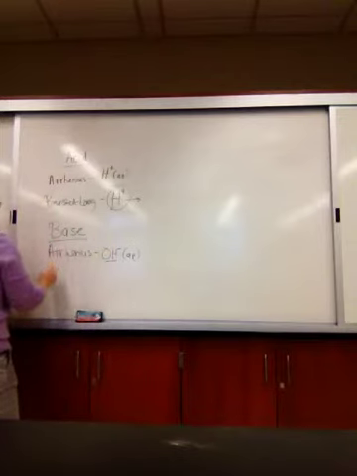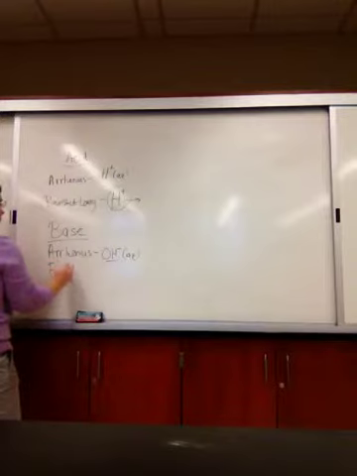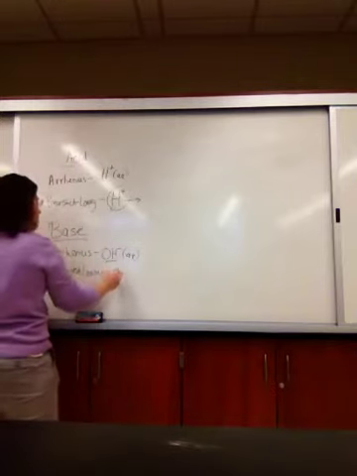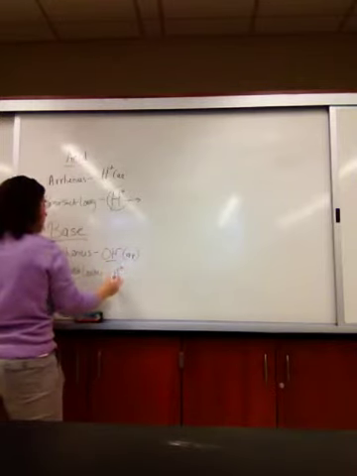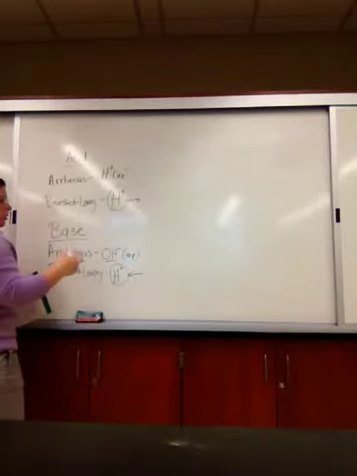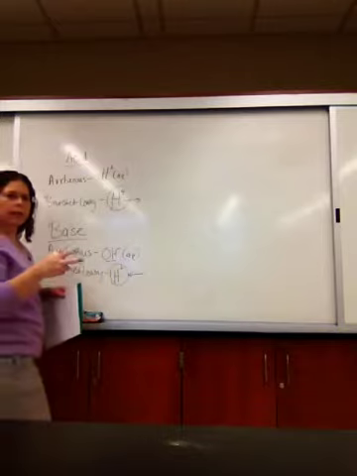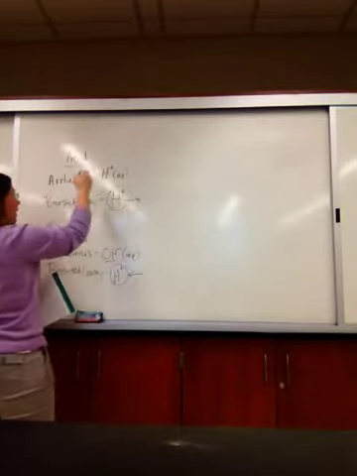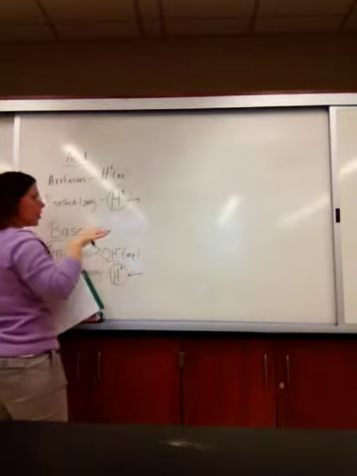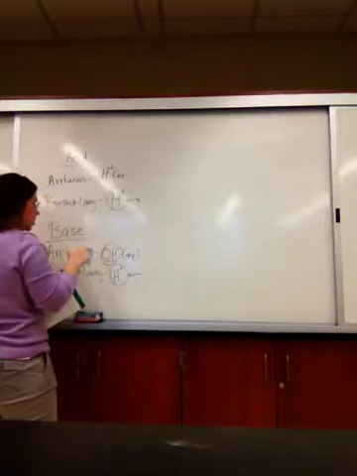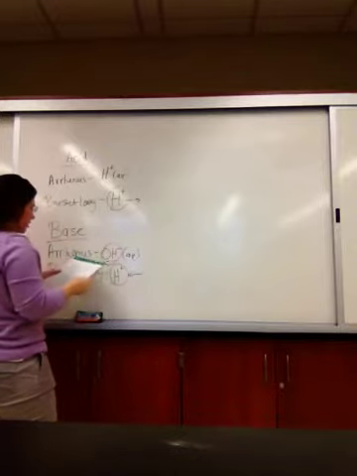Arrhenius defines it as that. Bronsted-Lowry defines it as a proton acceptor. So it's two different definitions, but it means essentially the same thing. It's dealing with the H+ ion either coming or going. And the OH- in solution can be exactly the opposite.